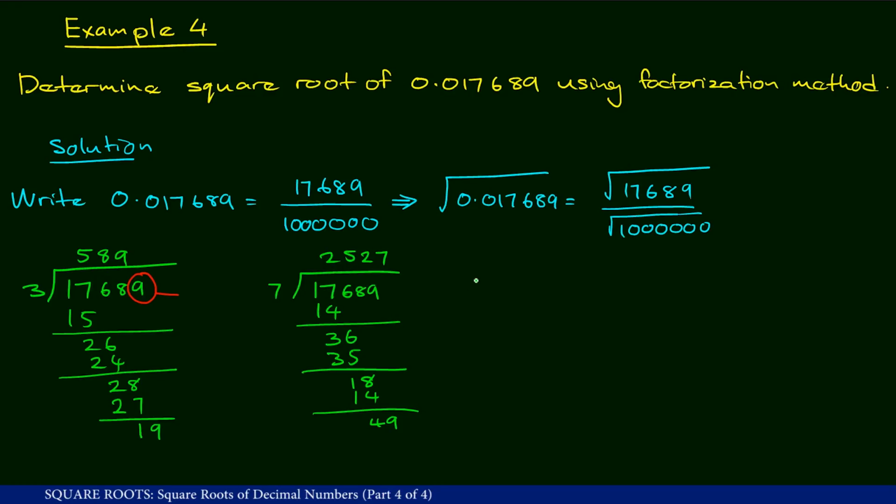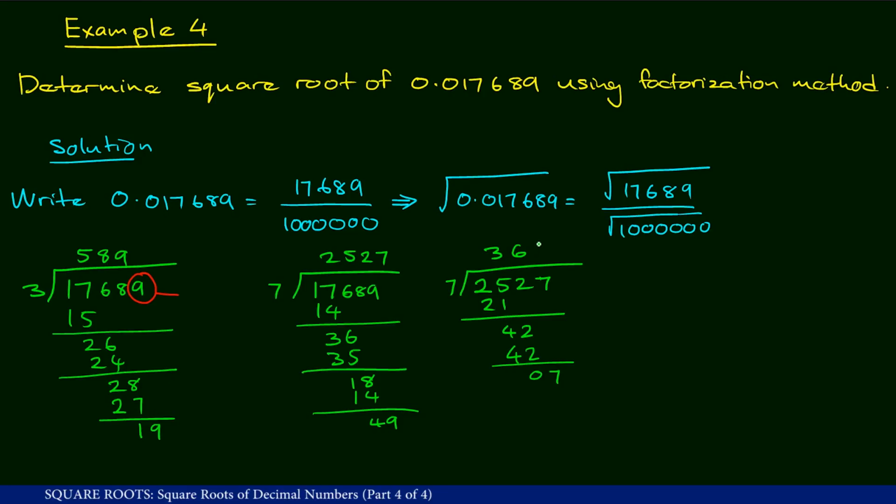Let's see if it can be divided by 7 again. 25 divided by 7, we're going to have 3. That's 21 with remainder 4. 42, that is 7 times 6. So that is a 0 remainder, then 7.